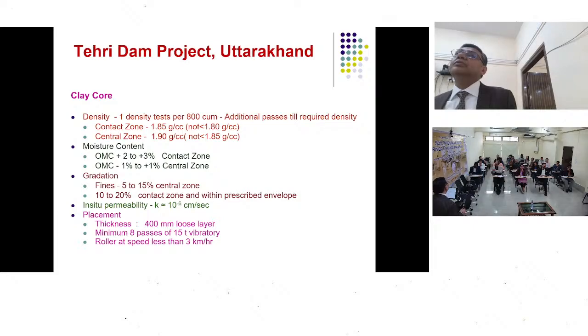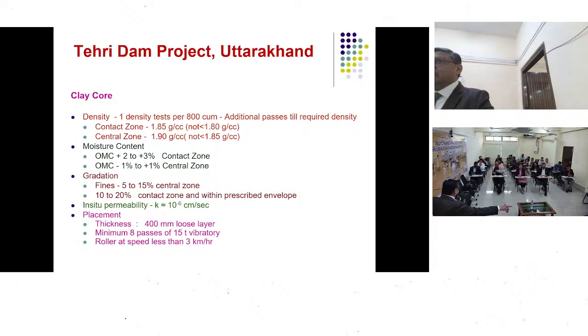Now, how do you know that the roller speed is less than 3 km per hour? You are at the site. Now, how do you know? By judgment. What judgment? You know the length we are talking about. You can calculate the time it takes for the roller to travel from that end to this end. If you see it is near to 3 or less than 3, it is fine as per calculation.